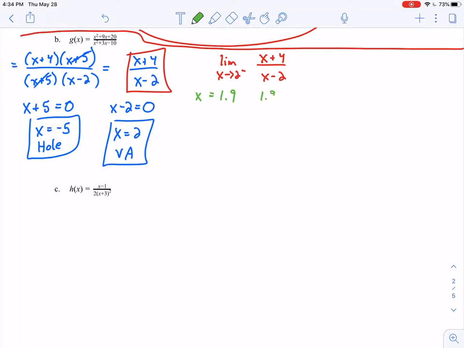So 1.9 plus 4 divided by 1.9 minus 2. 1.9 plus 4, I get a positive number out of that. 1.9 minus 2, that's a negative number. Positive divided by a negative gives me a negative number, so I know that this limit must be negative infinity based on the results of plugging in x equals 1.9.